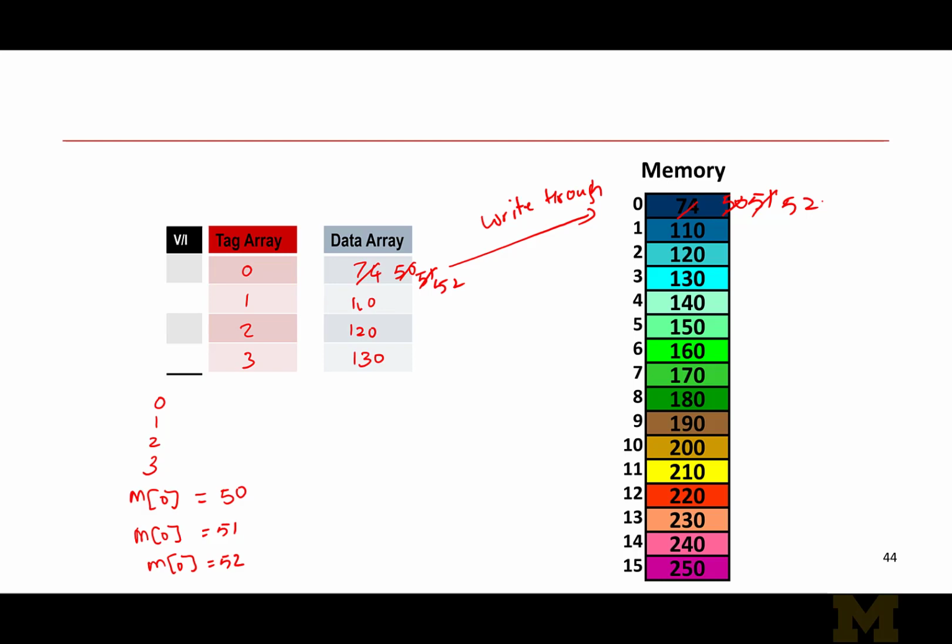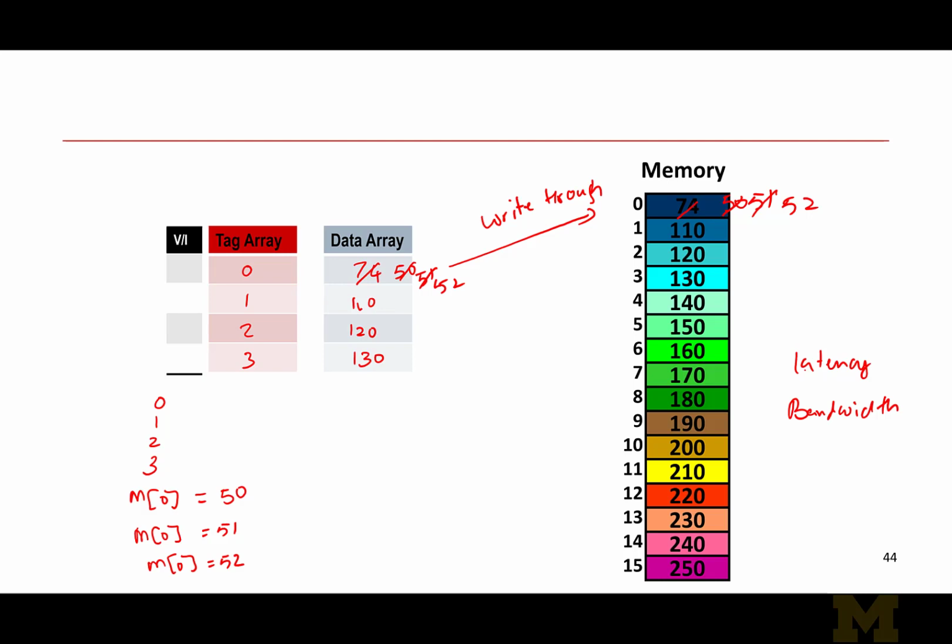We know that main memory is slow, but it is also true that the bandwidth to the main memory is limited. Bandwidth is different from latency. Latency means how long it takes for me to get a data item or write to a data item.